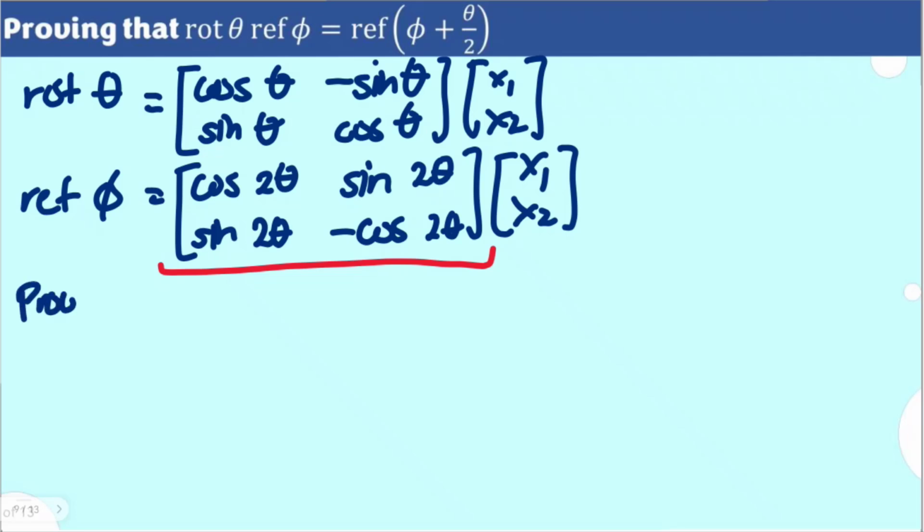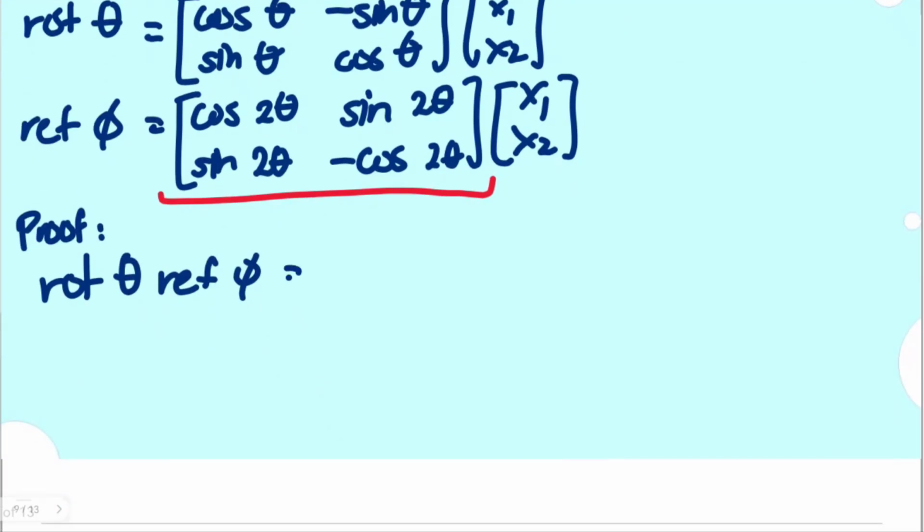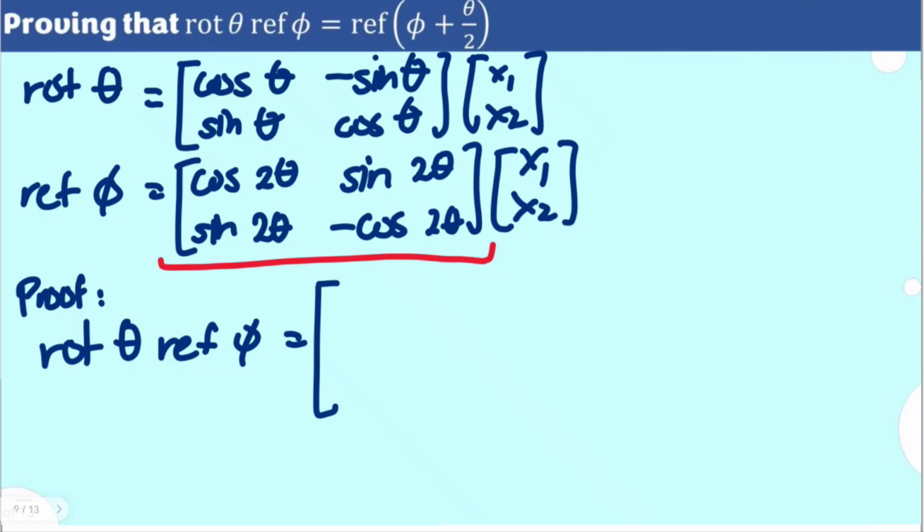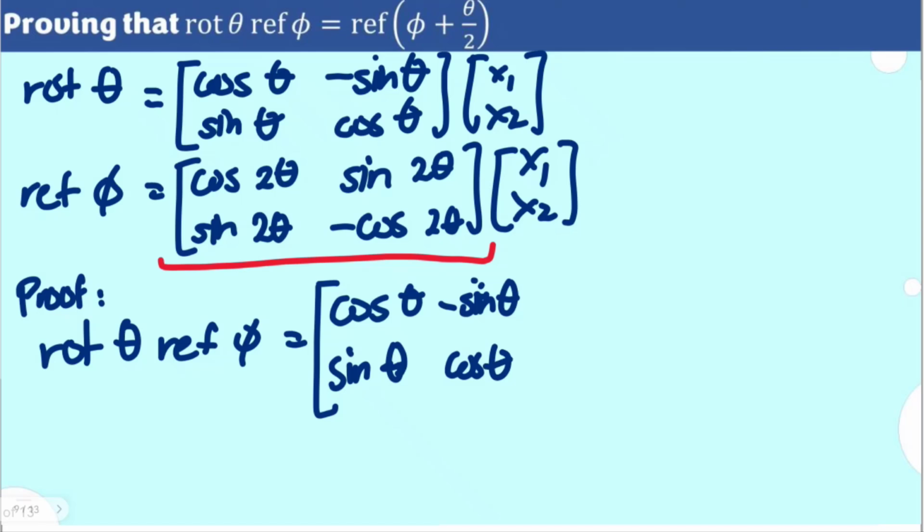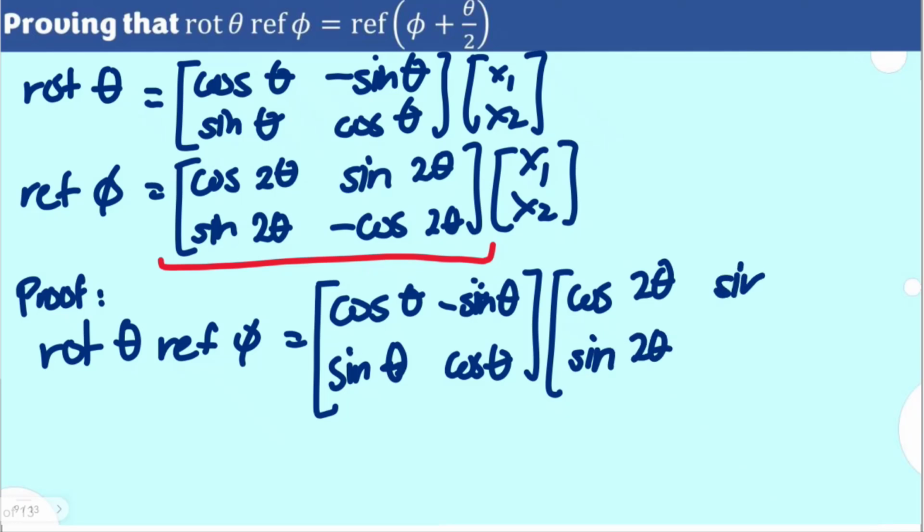So our proof here will start with the rotation of theta times the reflection of phi. So simply multiply the given identities except for the components of x. So you have here cosine theta, sine theta, negative sine theta, cosine theta, to be multiplied with cosine of twice theta, sine of twice theta, sine of twice theta, negative cosine of twice theta.